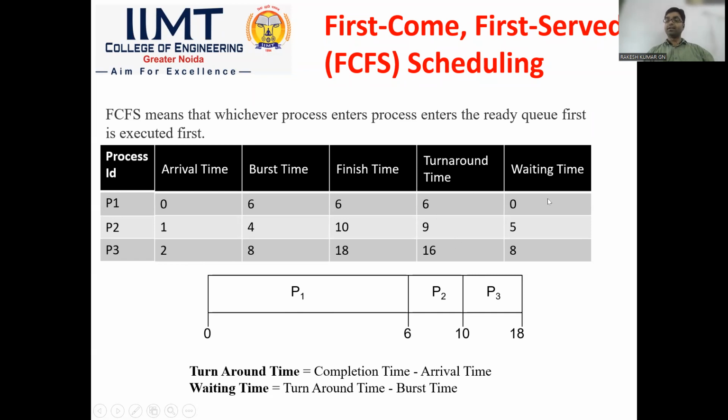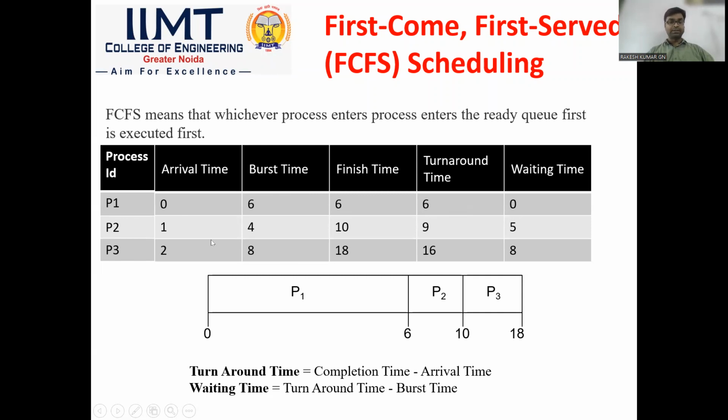Now, what is the waiting time? Waiting time means turnaround time minus burst time. Turnaround time is how much time the process resides on, or executes over, a particular resource. For process P1, turnaround time is 6 and burst time is 6, so 6 minus 6 is 0 waiting time.